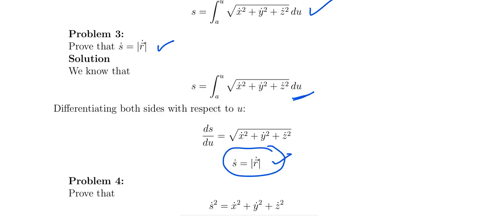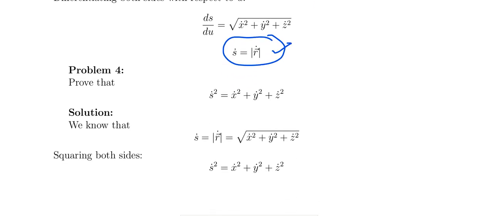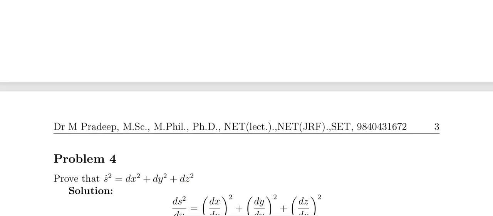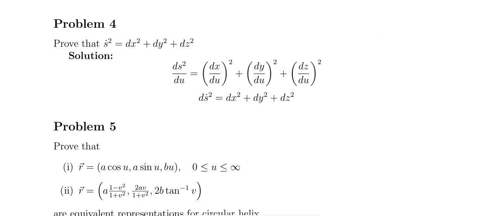And first arc length formula தான் எல்லாம் படிக்கிறது. And s dot square equal to x dot square, y dot square, z dot square. இதெல்லாம் very familiar. Okay. So to prove that this is equal to s dot square equal to dx square, dy square, dz square. Actually s dot square is ds by du whole square, that is okay. ds by du whole square means dx by du whole square plus dy by du whole square plus dz by du whole square.